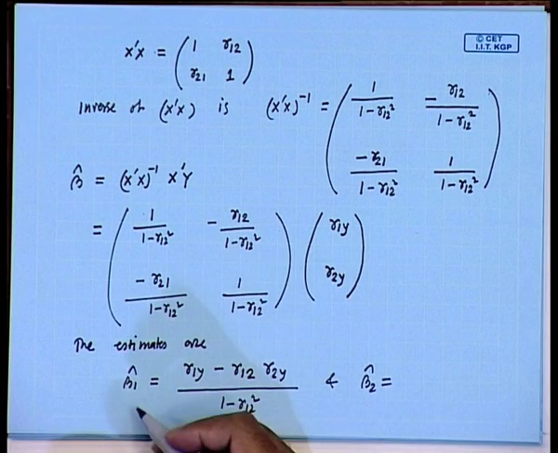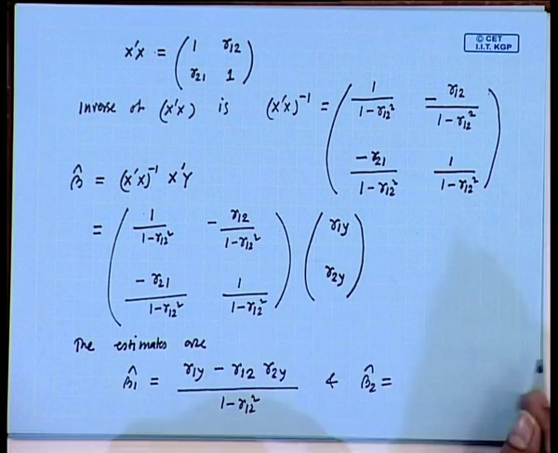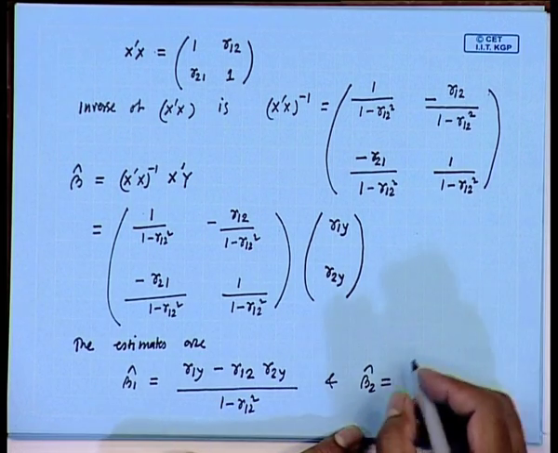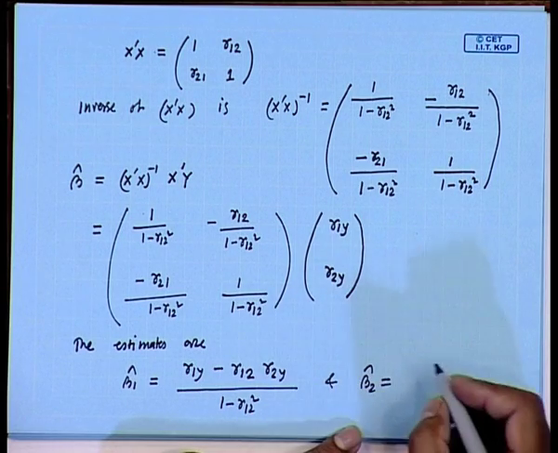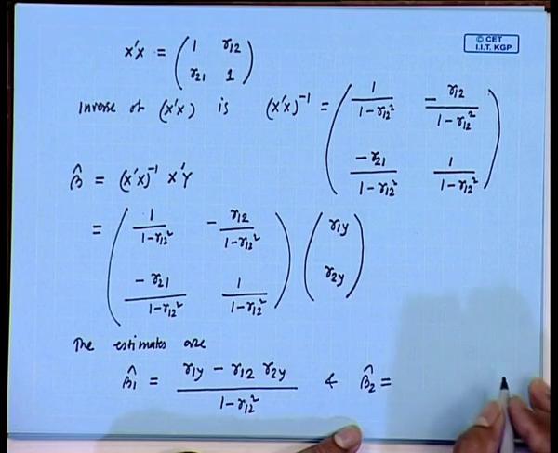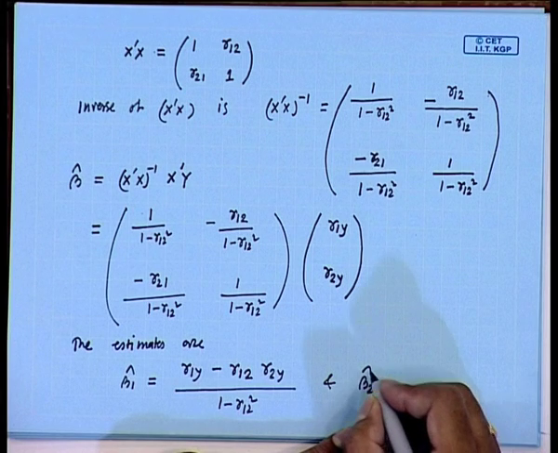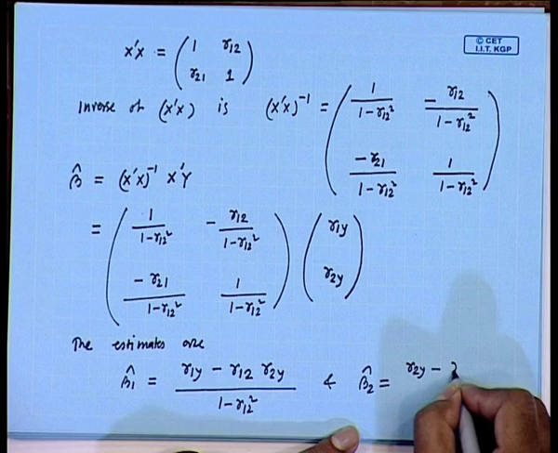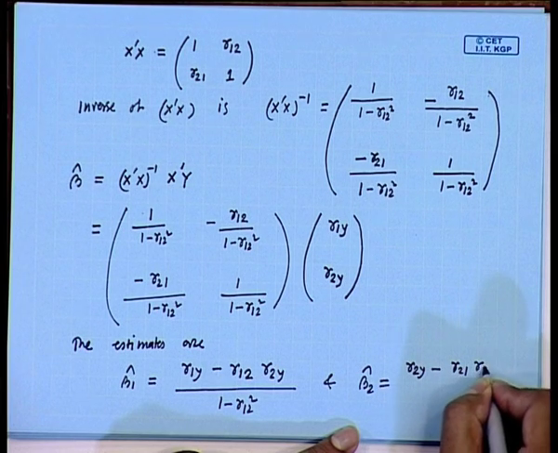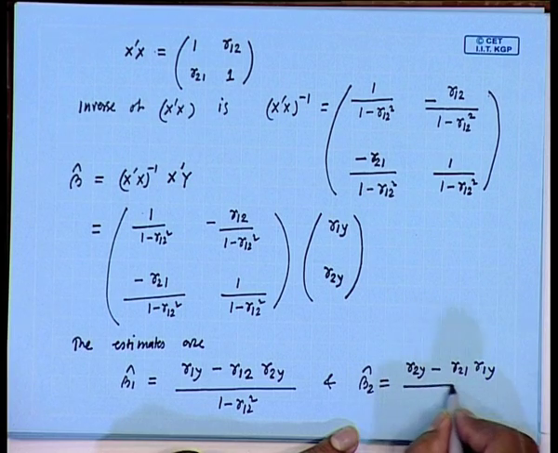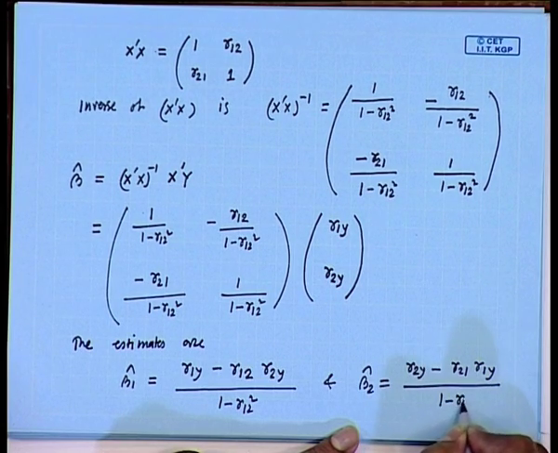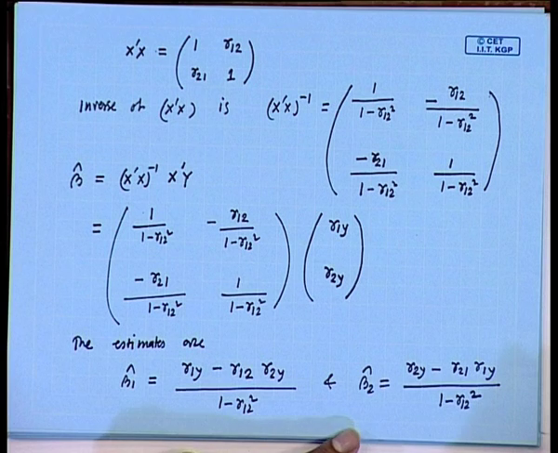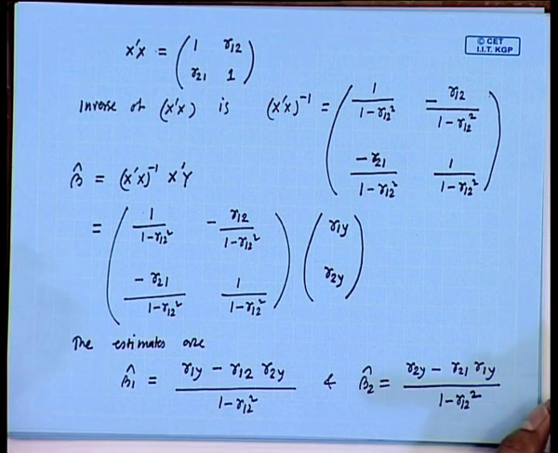So, this is basically the least square estimate for the transformed data in terms of the sample correlation coefficient, right.